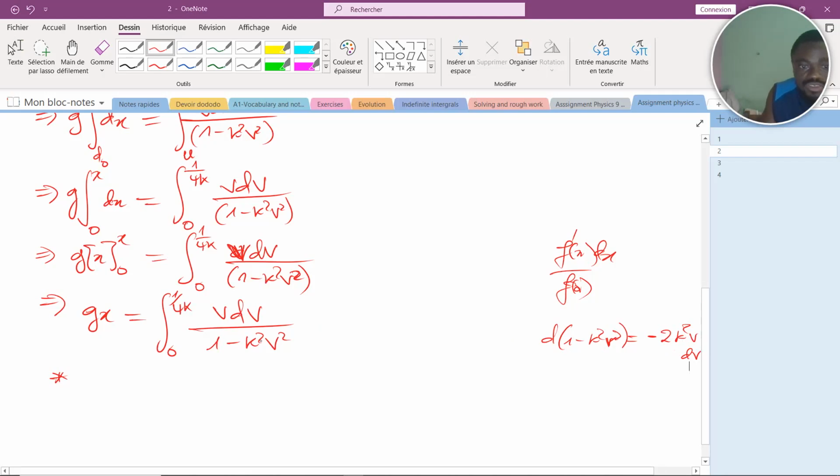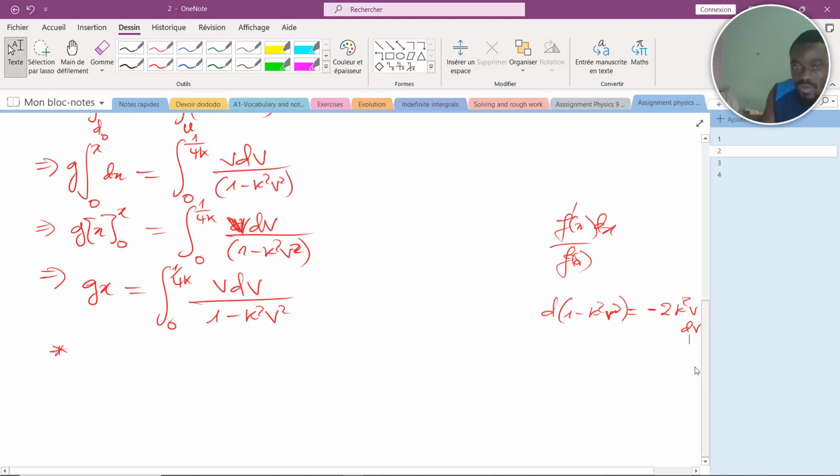So you notice that to have exactly what is here, to have exactly for this to be equals to what is on top here, we have to multiply top and bottom of this integral by minus 2k squared. Are you trying to see what I'm doing? So we notice that d of 1 minus k square v square is equals to, v is the variable.